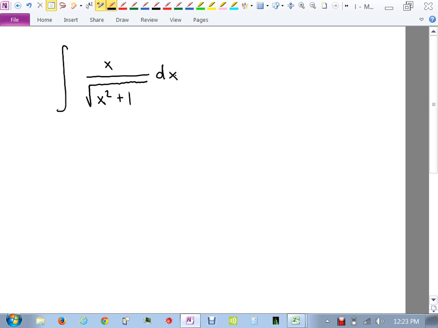I'm curious to see what you would want to do with that. Which way would you do that? You want to just do u equals x squared plus 1 like this? And then du is what? 2x dx, which you almost have, right?